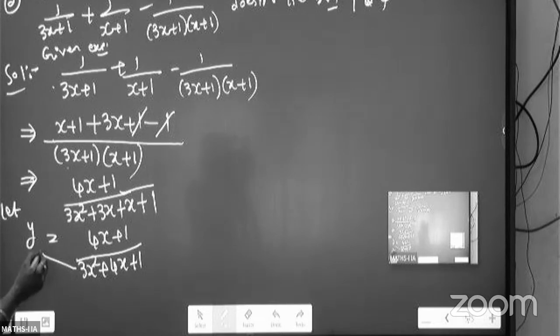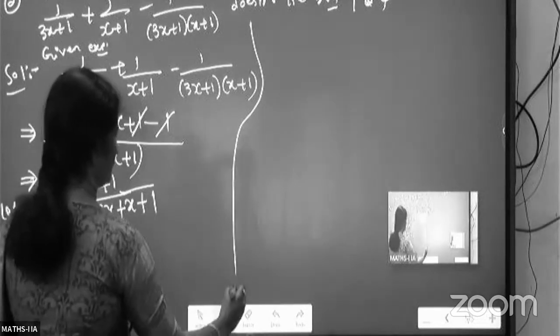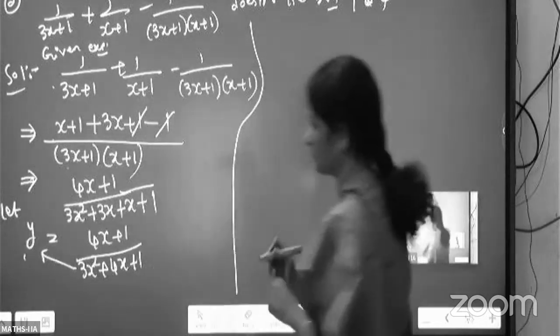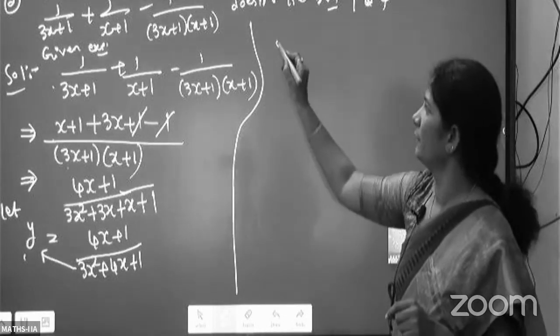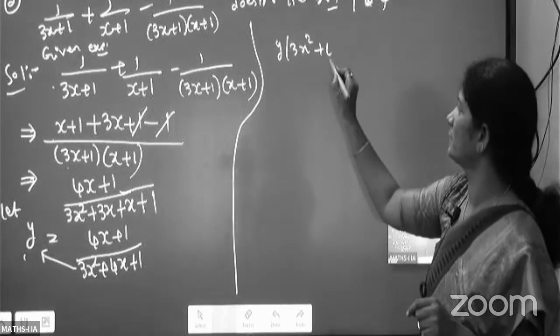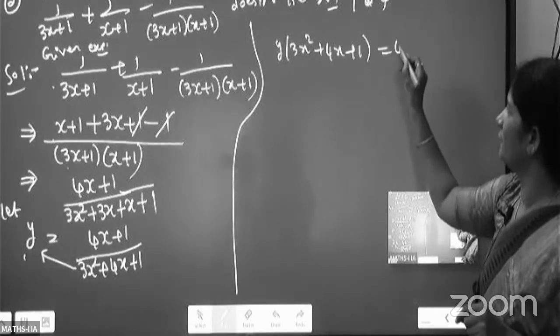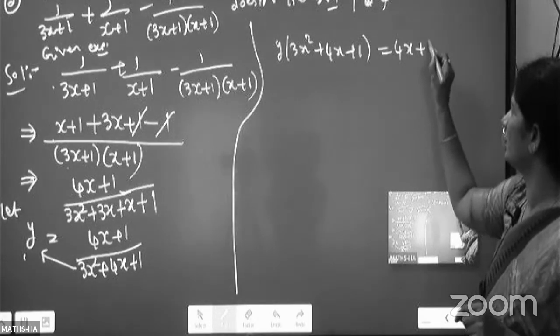The rest of the procedure is the same as the previous question. So what we have to do here is cross multiply. If you cross multiply, it will be y into (3x square plus 4x plus 1) is equal to what is left, 4x plus 1.